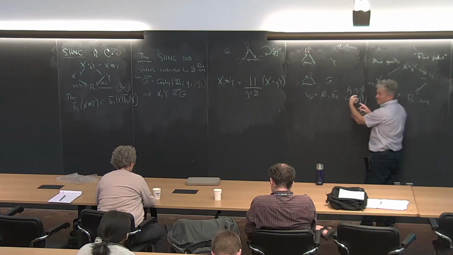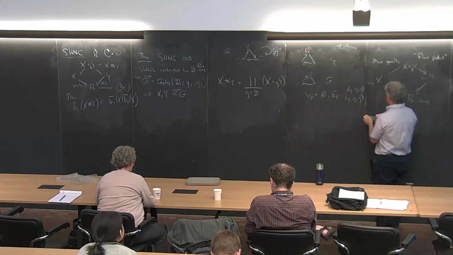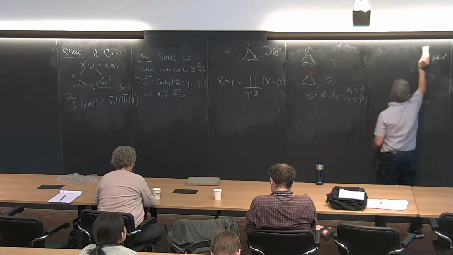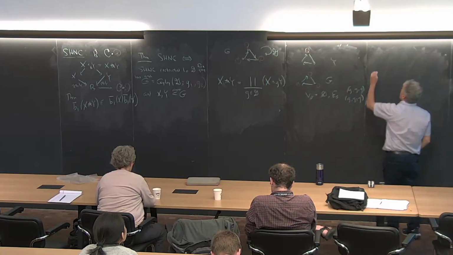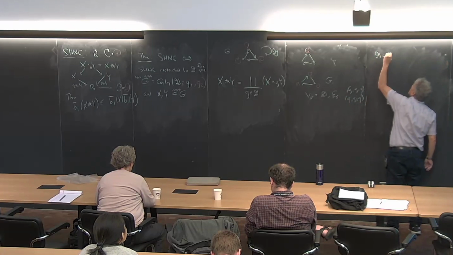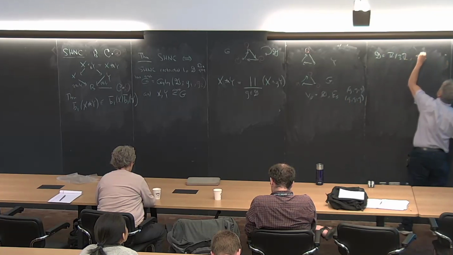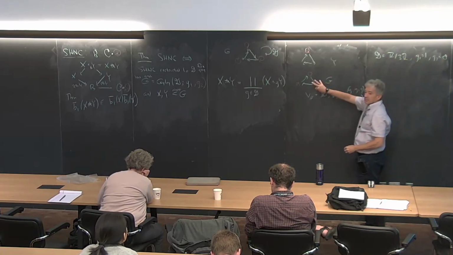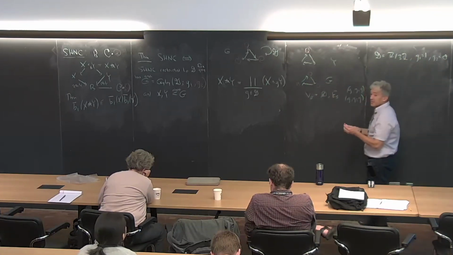So, for example, if G is the integers mod 3, G1 is 1, G2 is 0. Basically the symmetries twist, and therefore this is twisted.